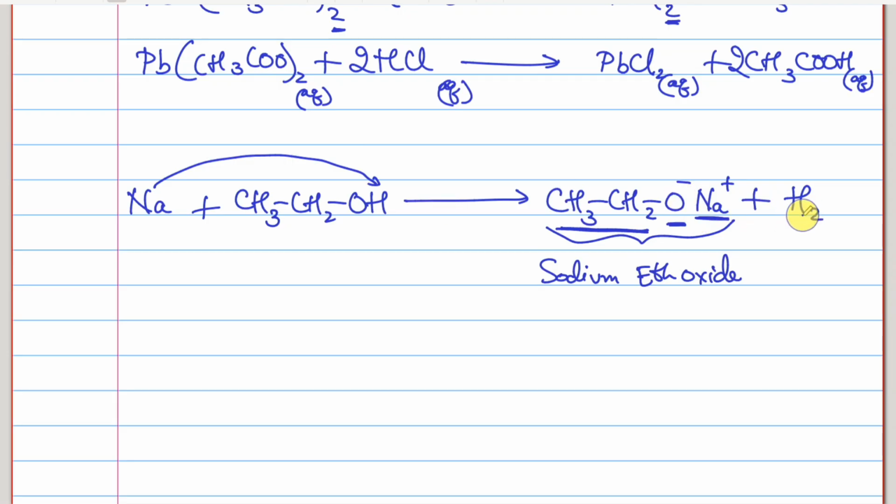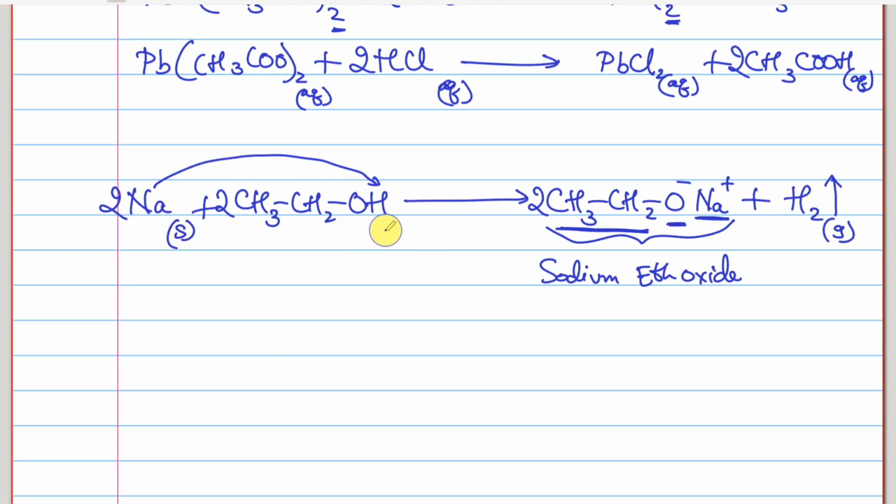To form hydrogen gas, we need two atoms of hydrogen to be displaced, right? So to displace two hydrogens, we'll need two ethanol molecules. So if we have two ethanol molecules, two sodium ethoxides will be formed. If we need two sodium ethoxides, that means sodiums must also be 2. So this is the balanced chemical equation for the second reaction given to us.